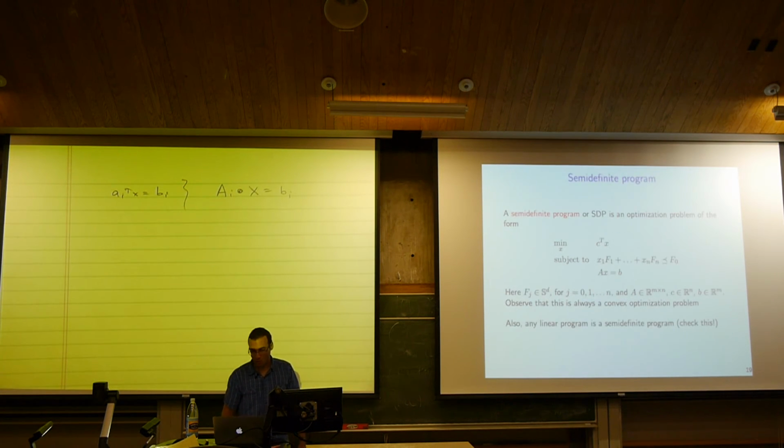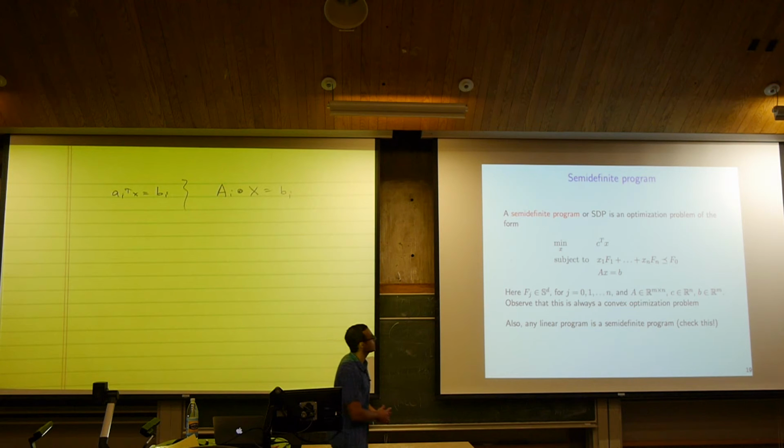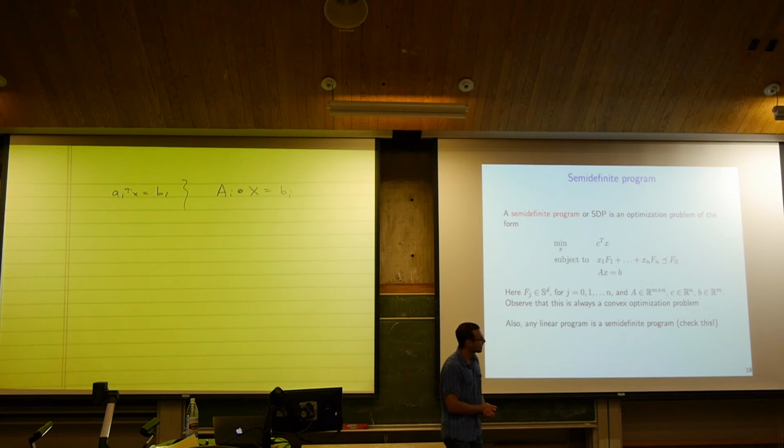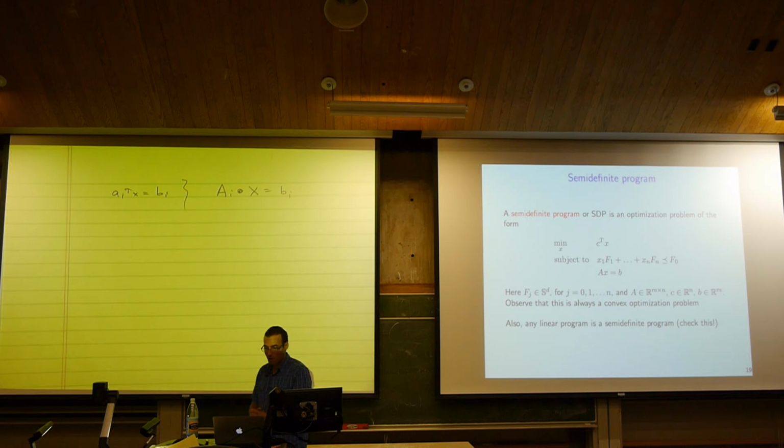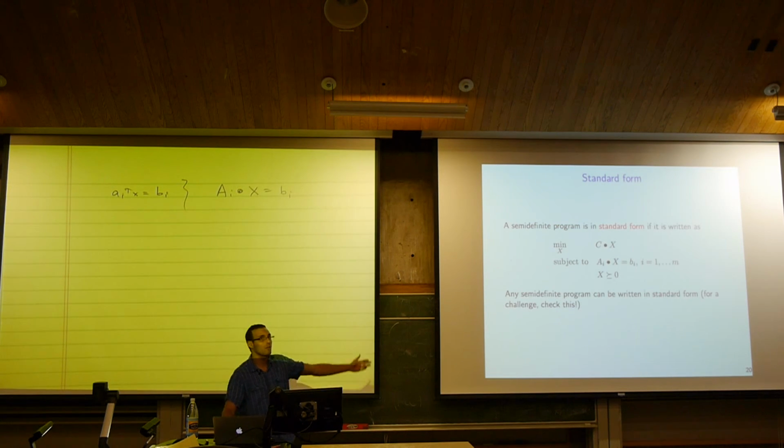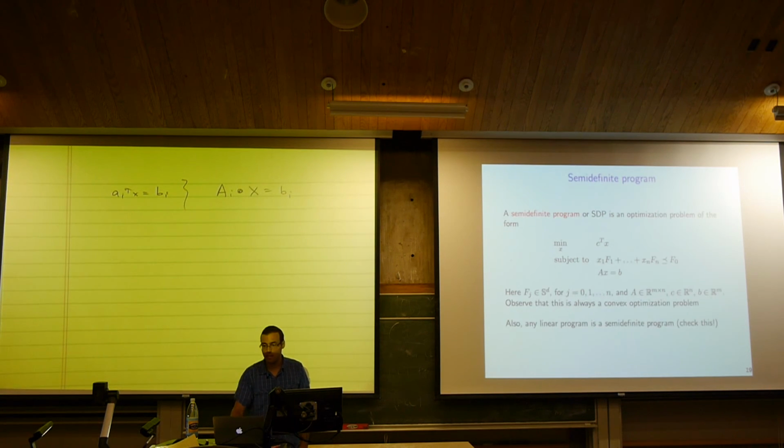What I skipped over is another form for SDPs. People are often confused about this: we can write an SDP either as an optimization over a matrix variable, like we do here, and in that case we usually use standard form, or as an optimization over a vector variable.